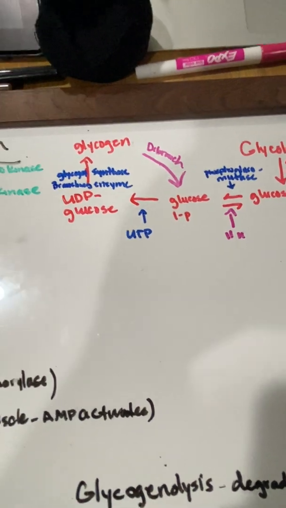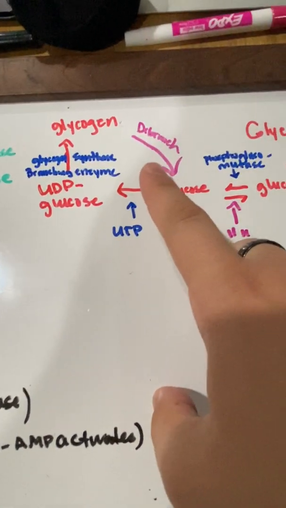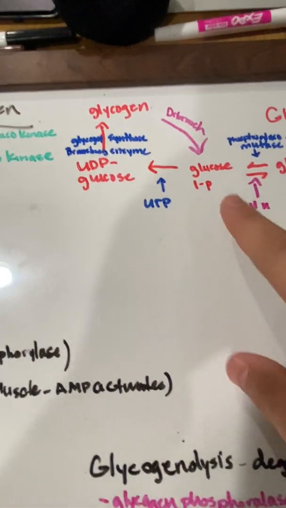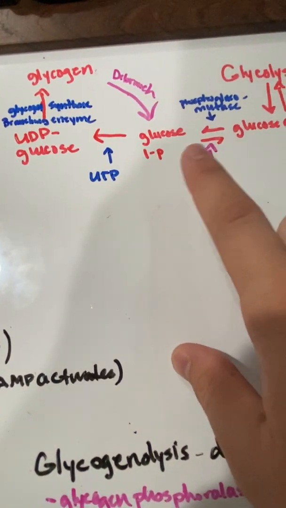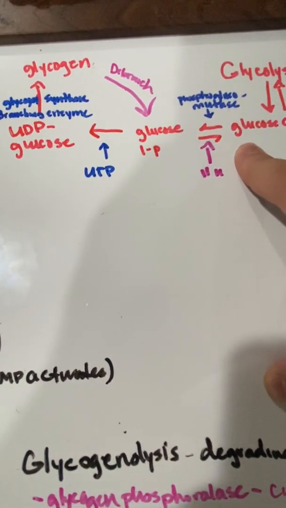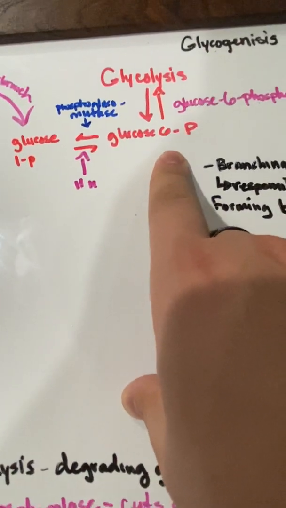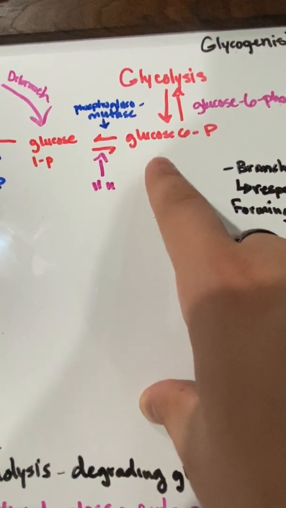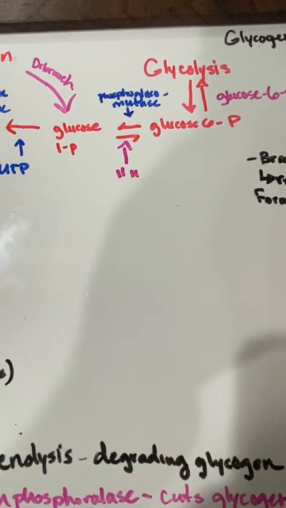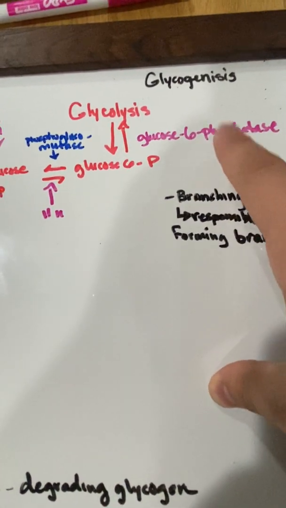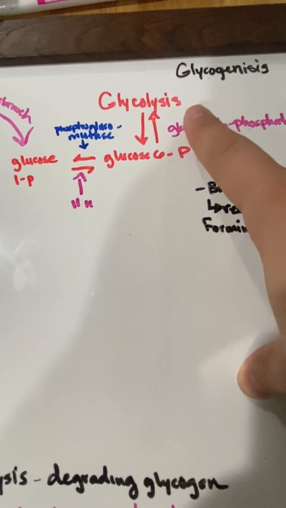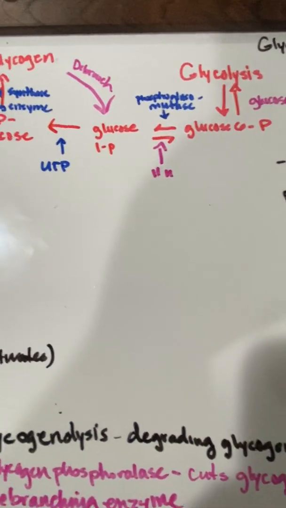Okay, so that's pretty much glycogenesis. The opposite would be we use a debranching enzyme to get to glucose 1 phosphate. It uses the same enzyme, phosphoglucomutase again, to get back to glucose 6 phosphate. And then from glucose 6 phosphate, we use glucose 6 phosphatase to get back to glucose, which is the beginning of glycolysis, right?